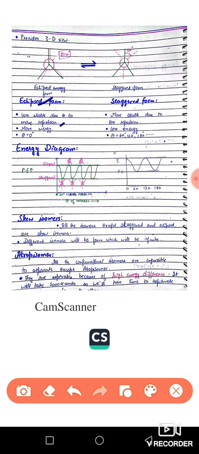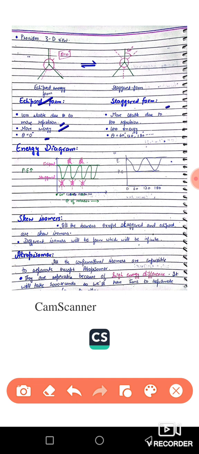So every compound which is more stable always has less energy, and a compound which has high energy is always less stable. So if the eclipse form is less stable, it means it has high energy, and the angle between the carbon-hydrogen bonds of the two carbon atoms is zero.